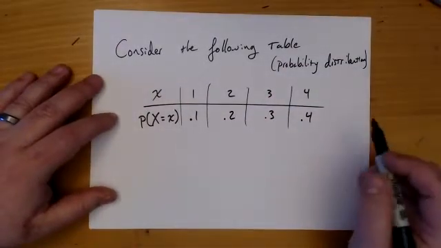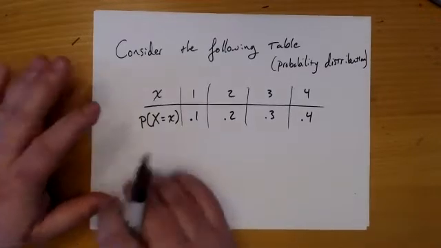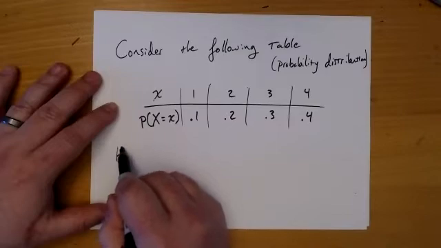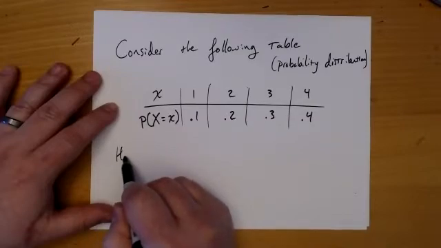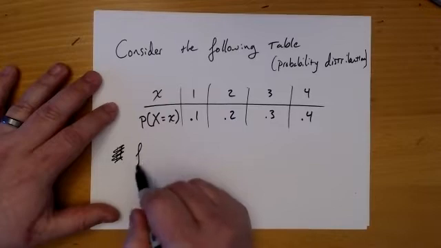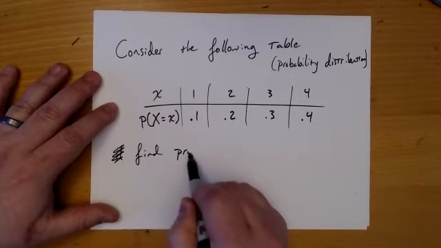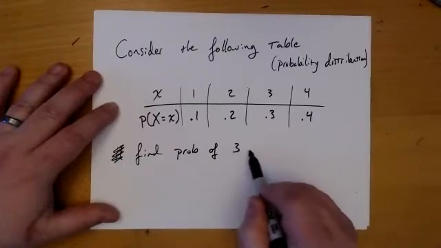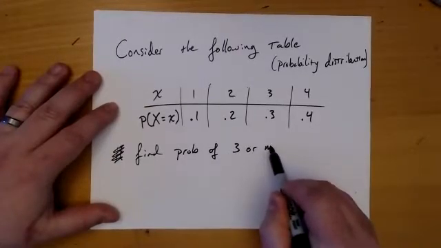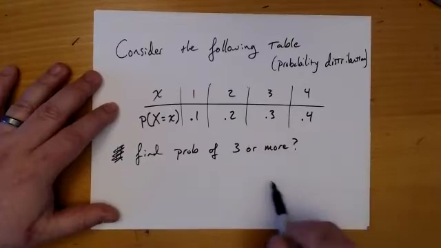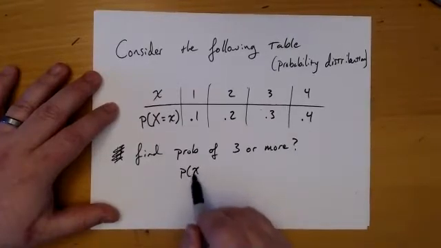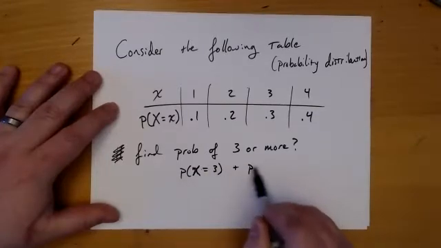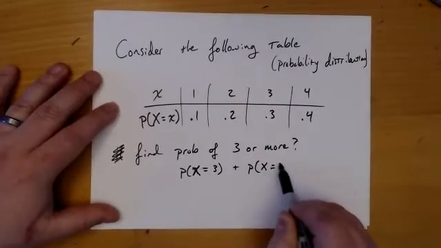So what is the probability, and this is just a sample math question, of 3 or more? Well, that would be the probability of capital X equaling 3, plus the probability of X equaling 4.